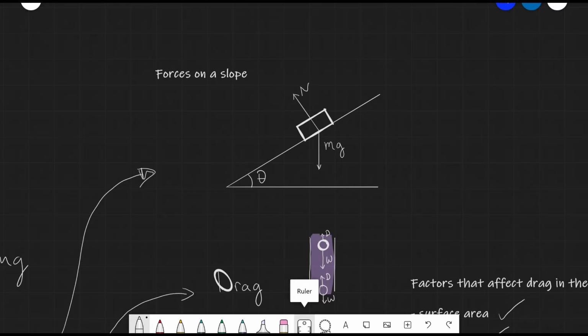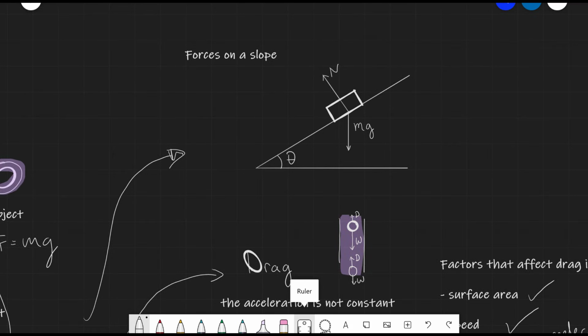Now let's revise the forces on a slope. Imagine that we have a standard box with a weight mg. If this is sat at an inclined plane at an angle theta, first off, the normal reaction will be at 90 degrees to the actual surface. So this angle here is a right angle at 90 degrees.